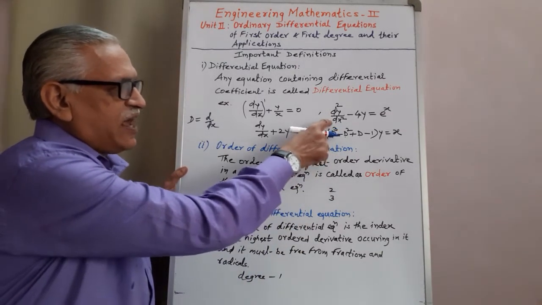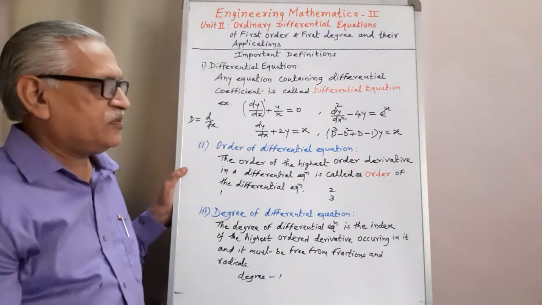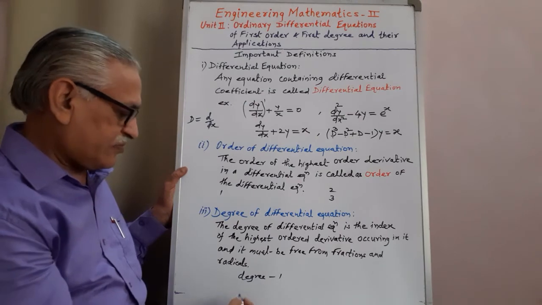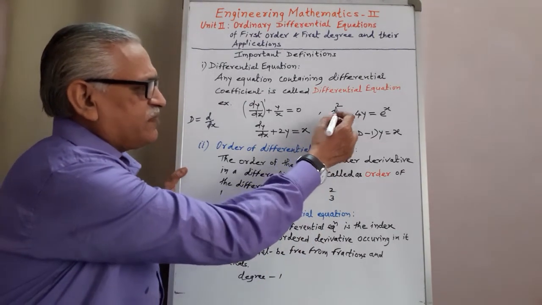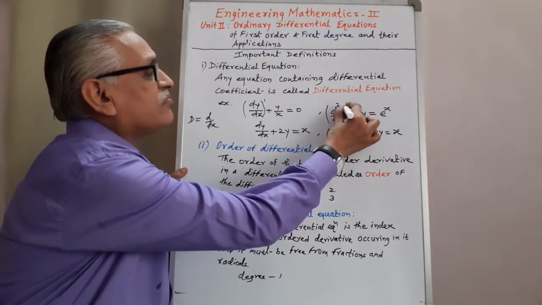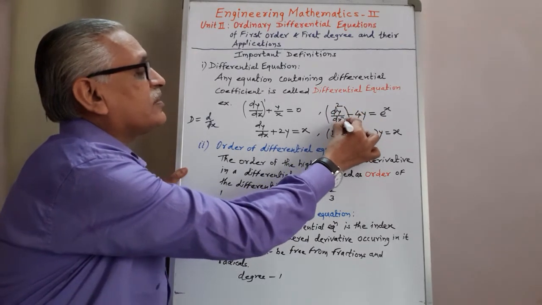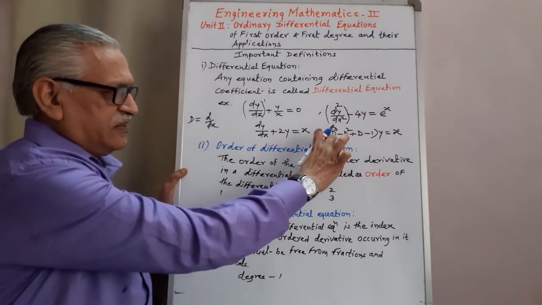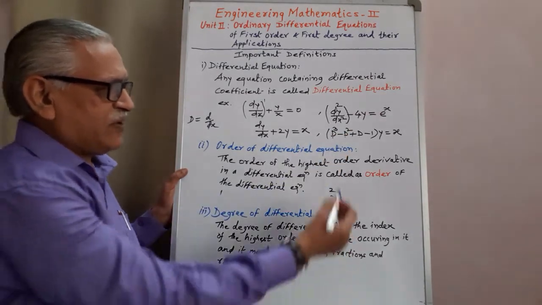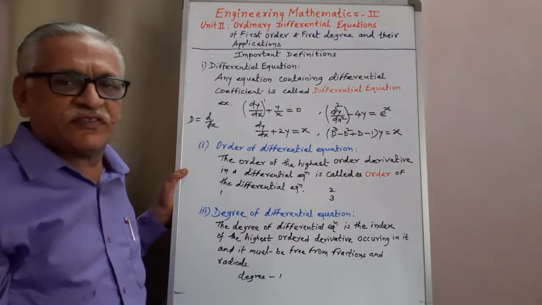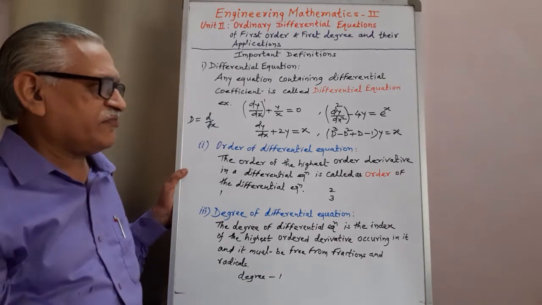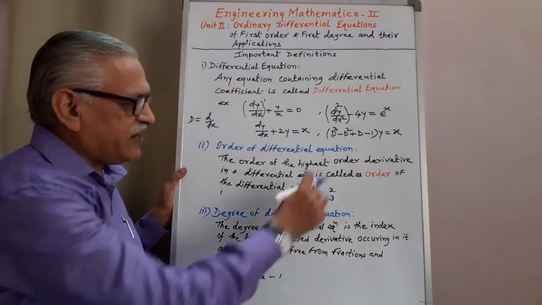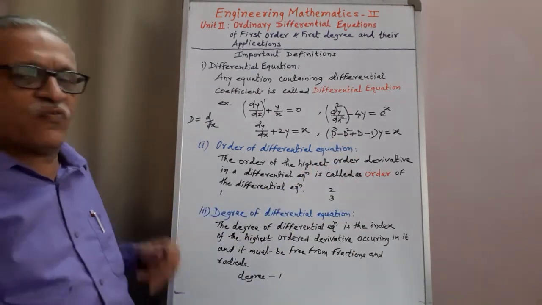In the third example, the highest order derivative is of order 2, and its degree or the index of that term is 1, and therefore degree is 1. In the fourth example, the highest order derivative is of order 3 and its index is 1, and therefore the degree of that differential equation is also 1.